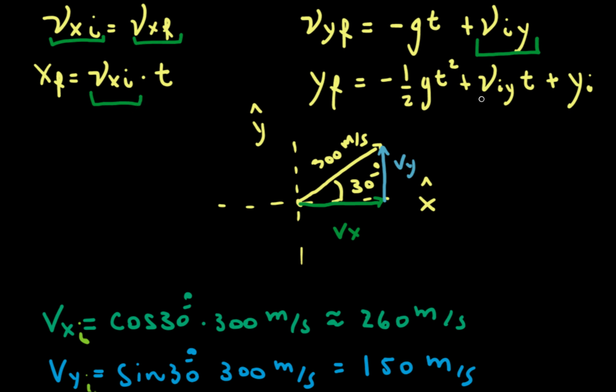We have y initial, we chose that to be 0, so this goes away because we chose to call that 0. And there was an x initial here, which drops off anyway. Okay.